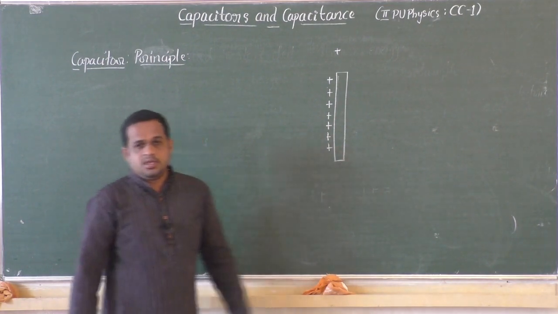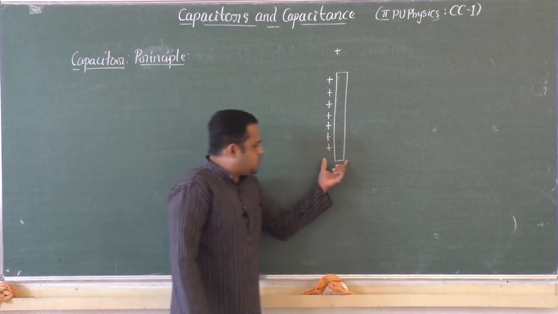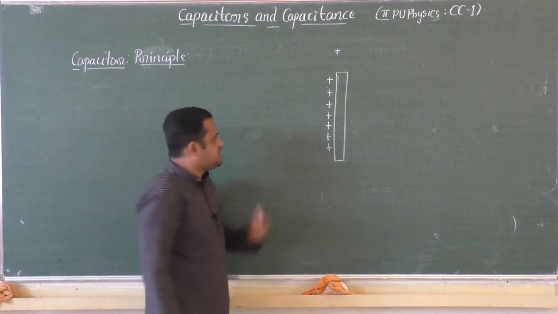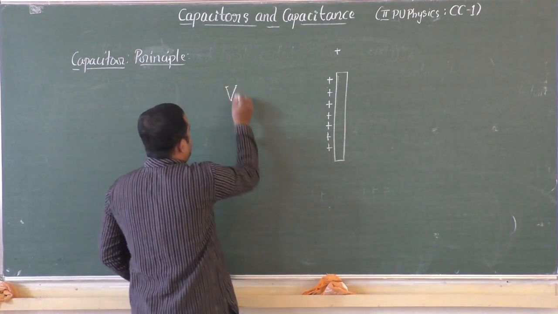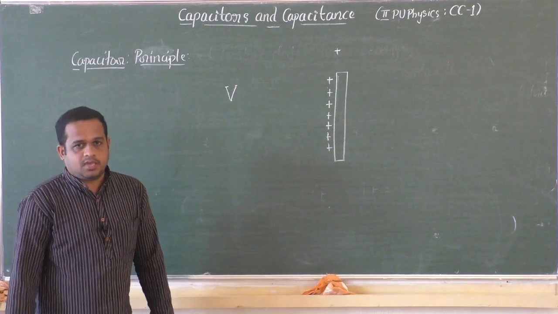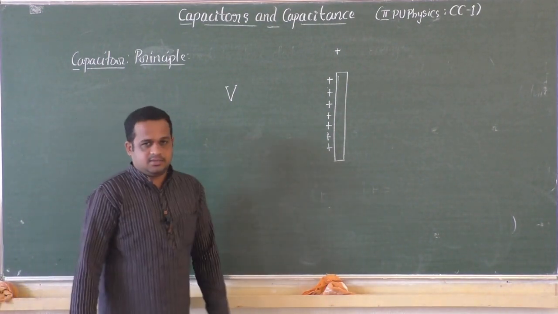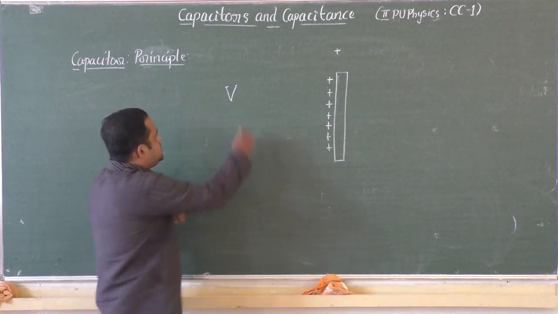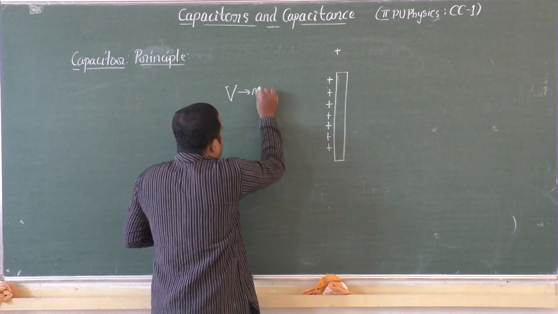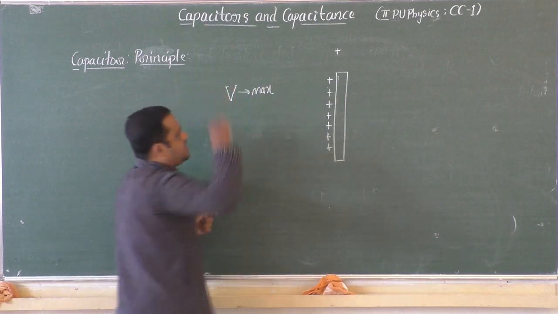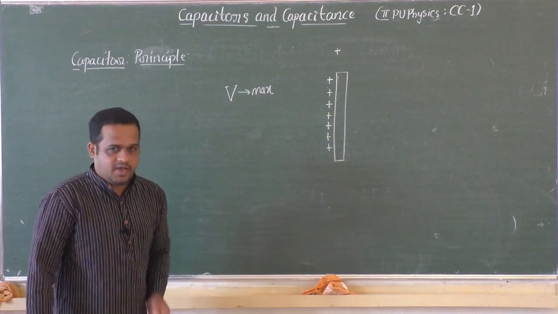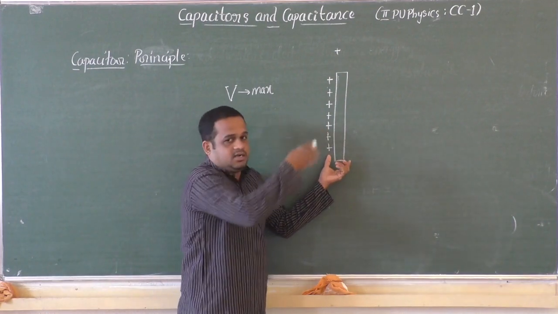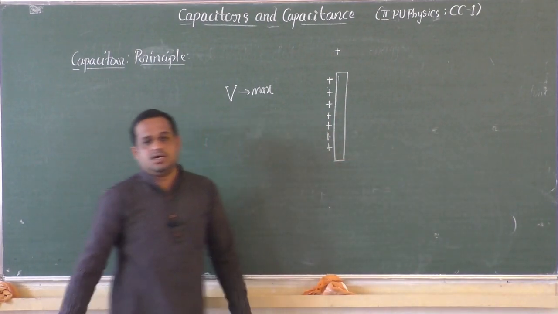Okay, charging. For this charging process, there is a limit. That is decided by the potential value. In case of a conductor, there is a limit for potential value. When the potential on the conductor reaches its maximum value, that is the limiting value, up to that point you can charge this conductor, or you can add charges to the conductor.